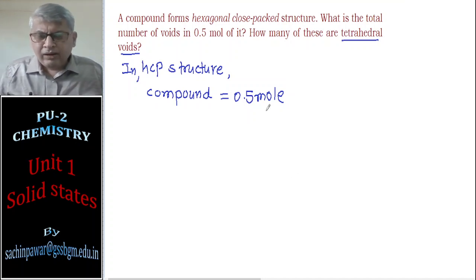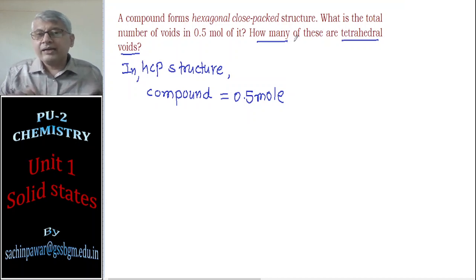Now this is mole, which is not the number, so this is the amount of substance. Now the amount of substance you need to convert into a number, because we want the number of tetrahedral voids. How many? The mole to number of particles relation you already know: 1 mole is Avogadro's number.